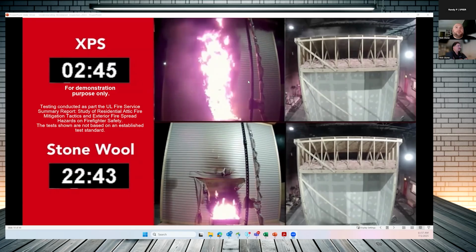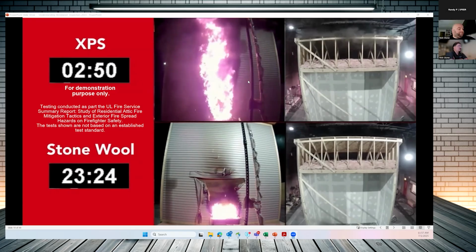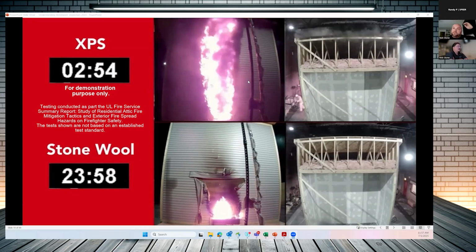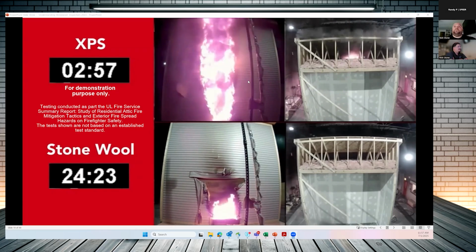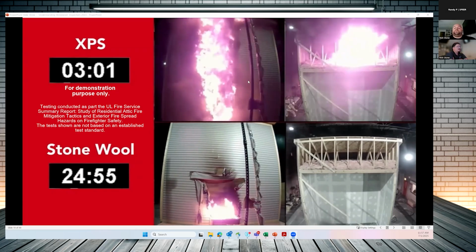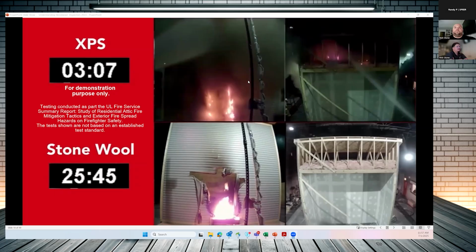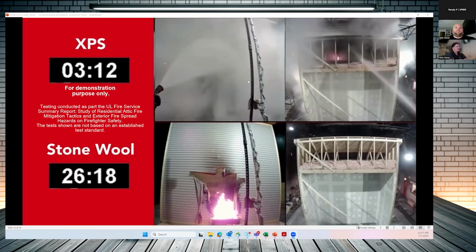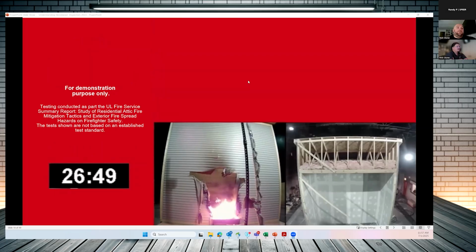So that black smoke is starting to billow into the attic area, and we're about to have flashpoint. Yep, there it goes. So as that one flashed over right around 3 minutes, the stone wool is still ticking.